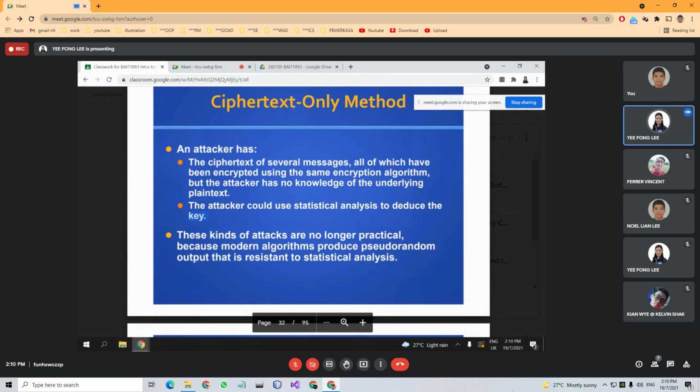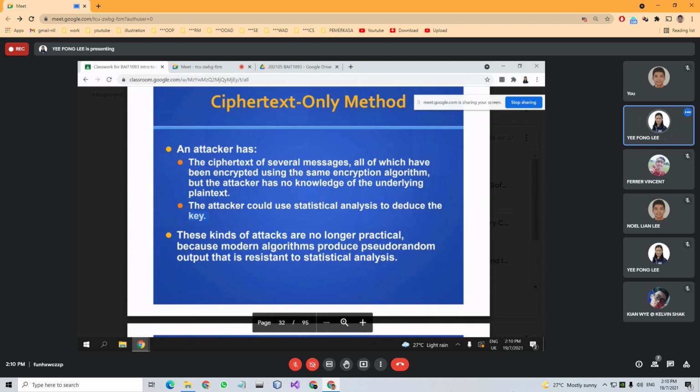They will try their best to deduce the key used to encrypt the messages, in order to decrypt other messages with the same key. However, this kind of method is no longer practical because modern algorithms produce pseudo-random output that is resistant to statistical analysis.